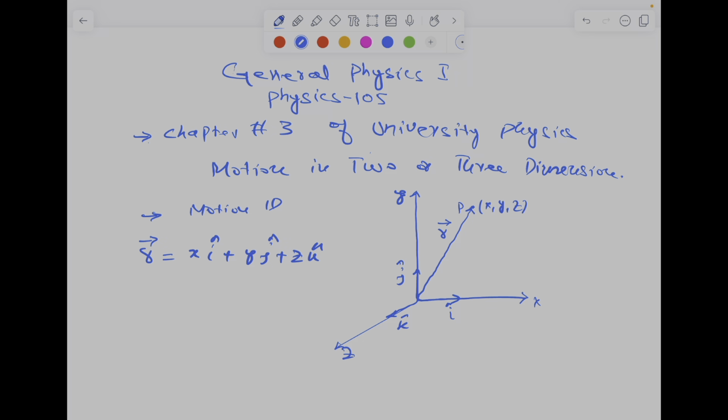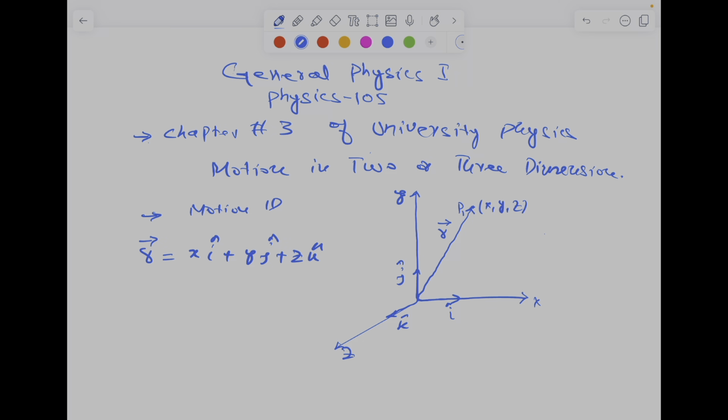Now, because the position changes, for example, if the particle is at this point, suppose this is your point P1, and the particle changes its position and goes from P1 to P2.